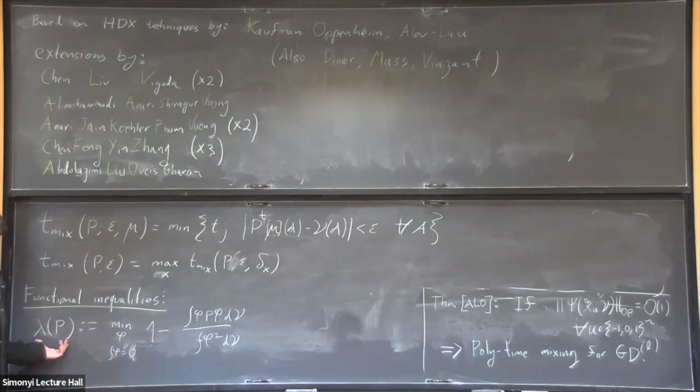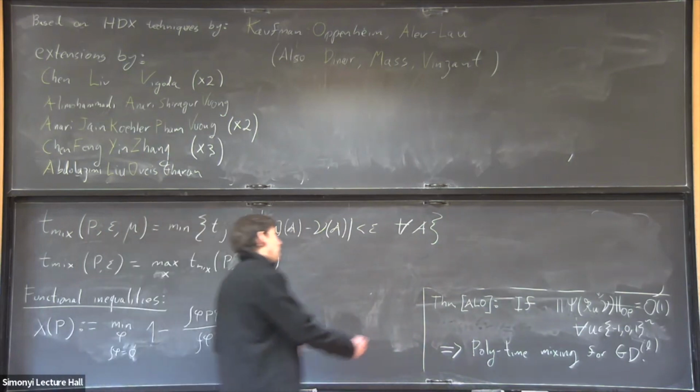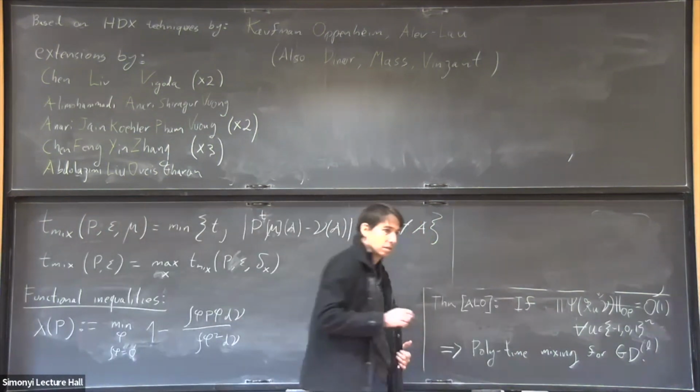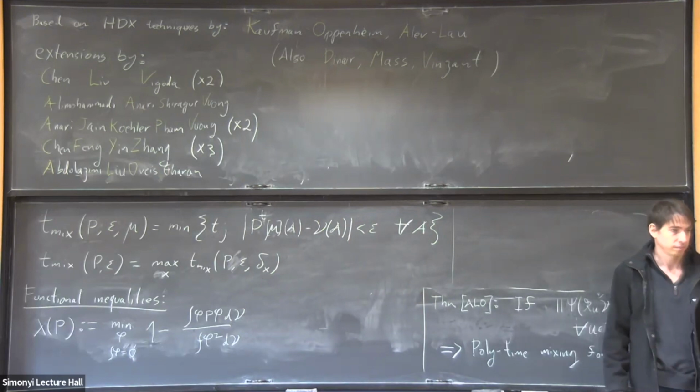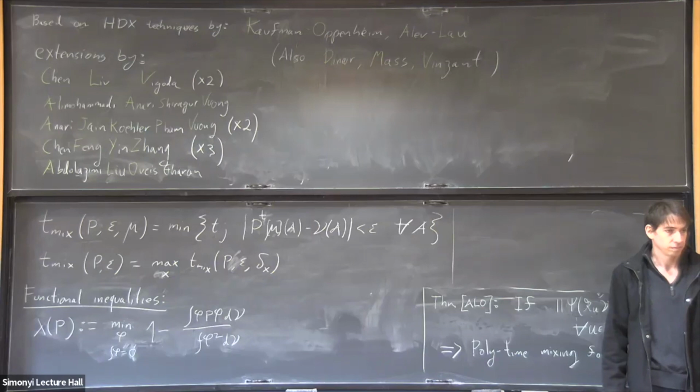And if you have a bound on this, by a very standard argument it immediately implies a bound on the mixing time. So this is the spectral gap, and for ballpark, you want this number to be 1 over polynomial to get polynomial time convergence.